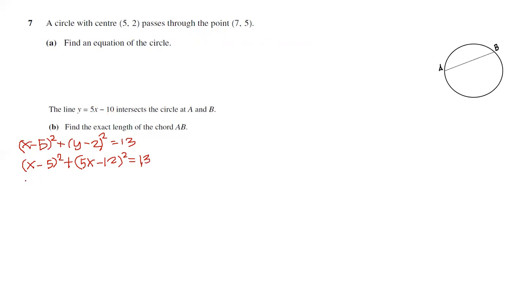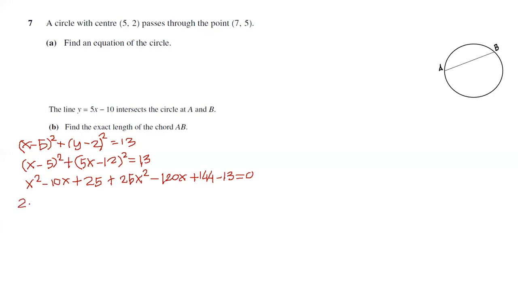So it's going to be x squared minus 10x plus 25, plus 25x squared minus 120x plus 144, minus 13 equals 0.